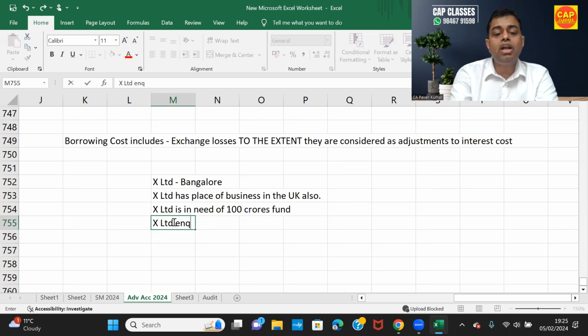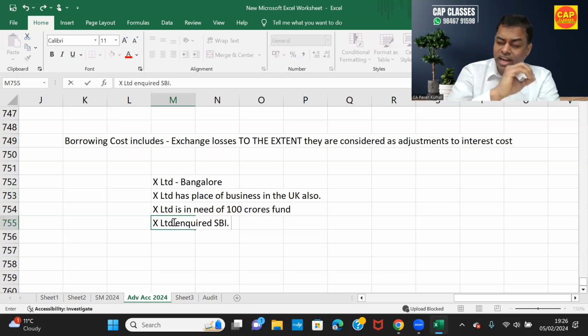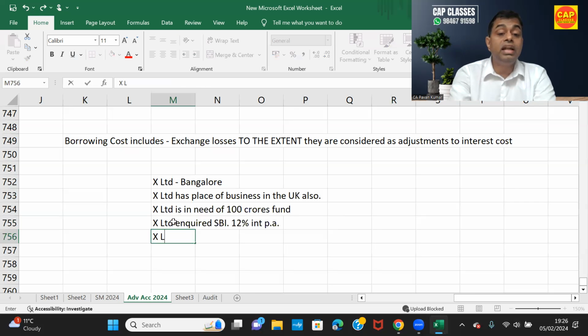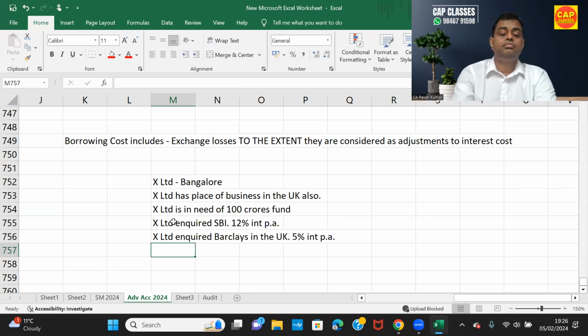So X Limited inquired with State Bank of India. SBI is ready to give a loan at an interest rate of 12%. Then X Limited inquired with Barclays in the UK. Their interest rate is 5% per annum.